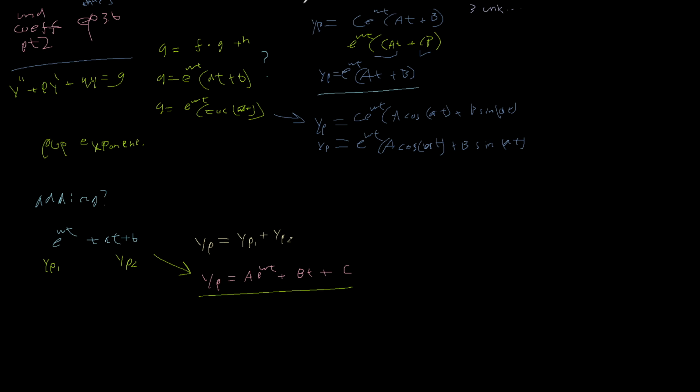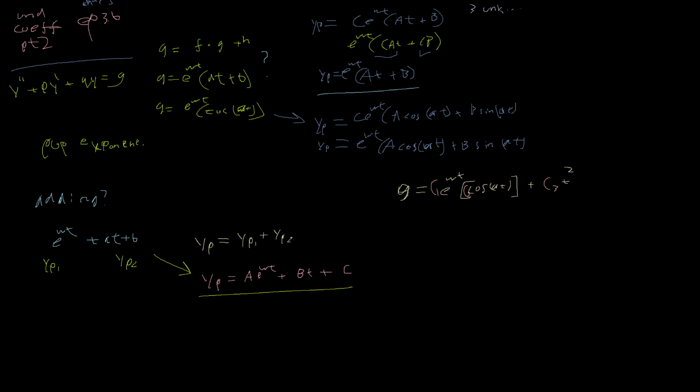So, for example, let's think about what is the particular solution to g is equal to e to the omega t times cosine alpha t plus, and so this is going to have some constant, I'm just going to call it c1, c2, plus c3 t squared.